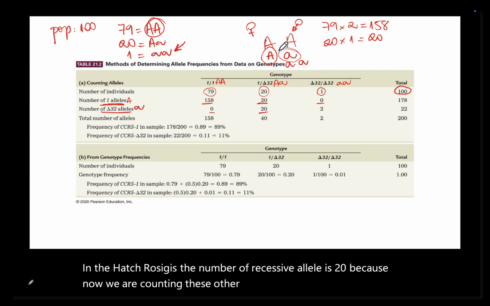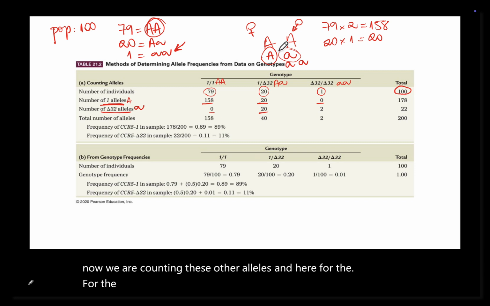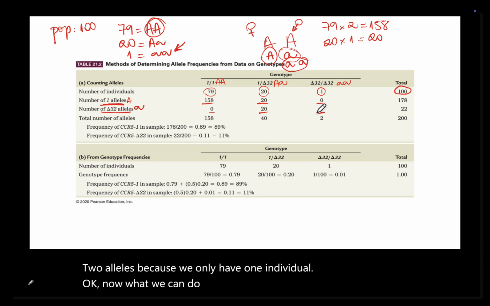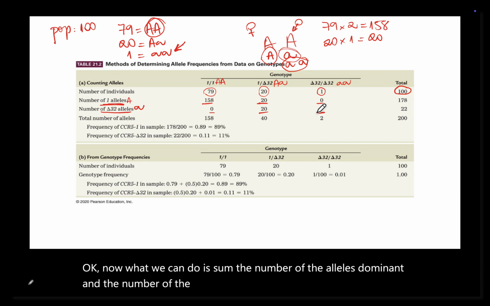And here, for the recessive alleles in the homozygous recessive, we have 2 alleles because we only have one individual. Okay? Now what we can do is sum the number of dominant alleles and the number of recessive alleles.